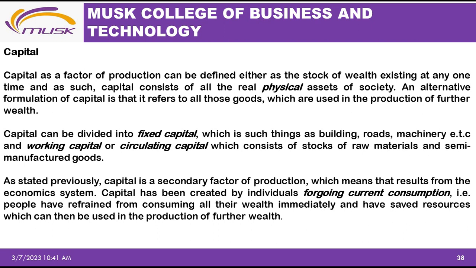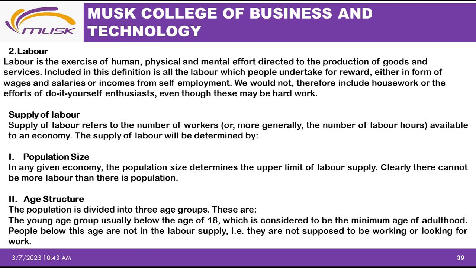And then we have what we call the fixed capital. I've just talked about that. Then we have the working capital or the circulating capital, which consists of the stocks of raw materials and semi-manufactured goods. So it is important to understand the definitions even as we get into more details. Then we have labor.